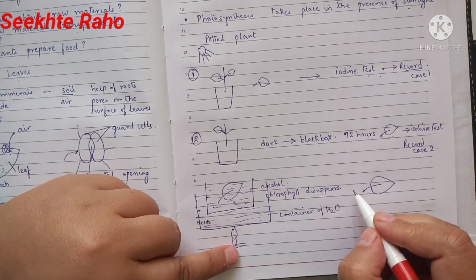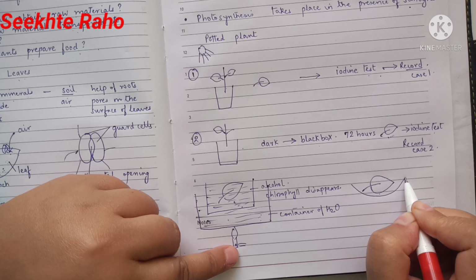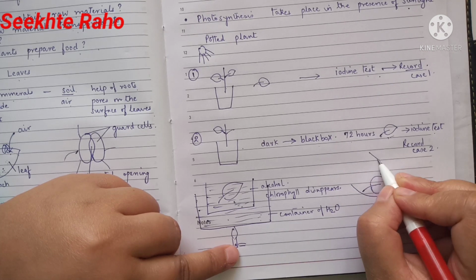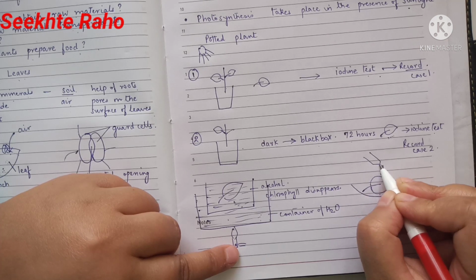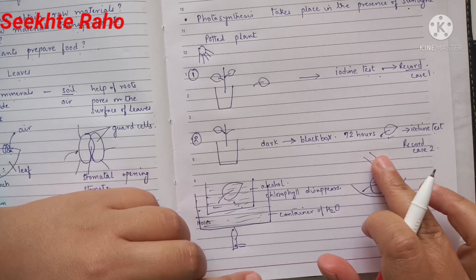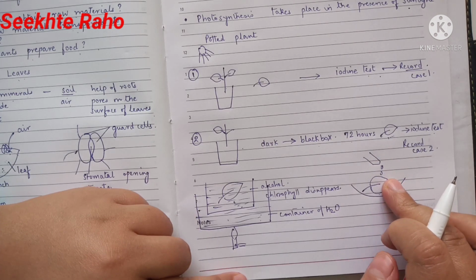And now in a dish, we will put 1 or 2 drops of iodine. First we will wash this leaf and then we will put 1 or 2 drops of iodine, right?